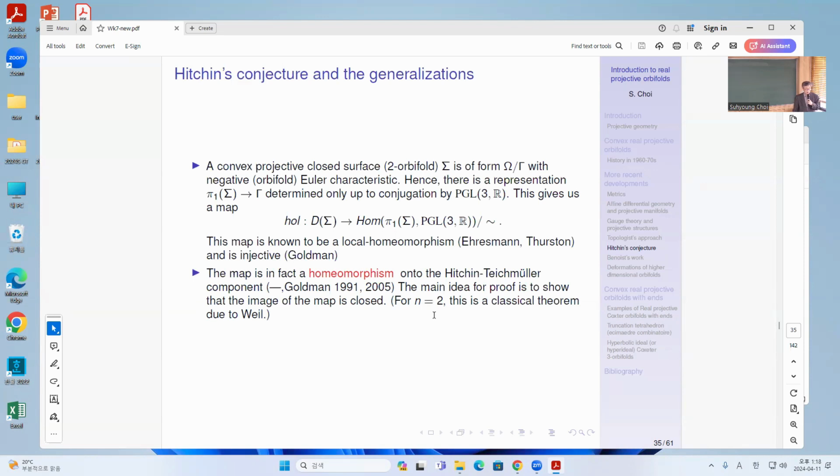So the main idea is, of course, that it is a local homeomorphism, right? So it has an open image, and you just have to show its image is closed. The closedness is just a bit of an argument with how the convex domain has to converge.